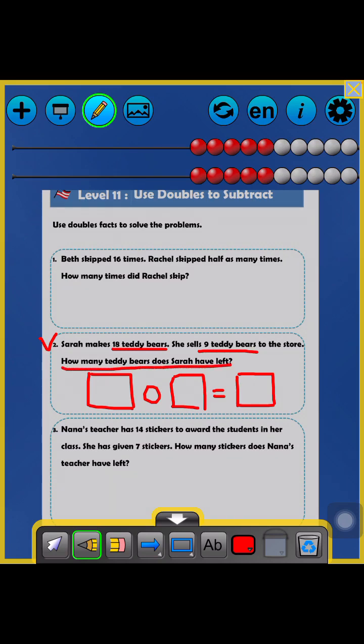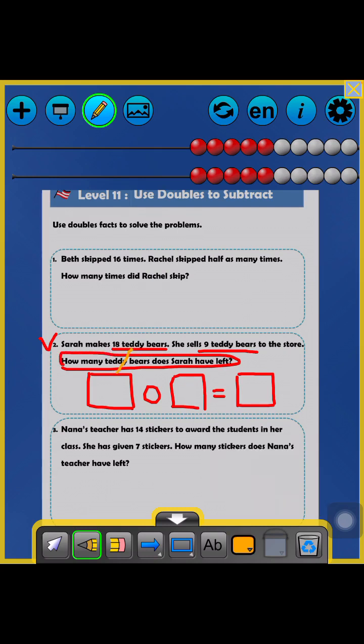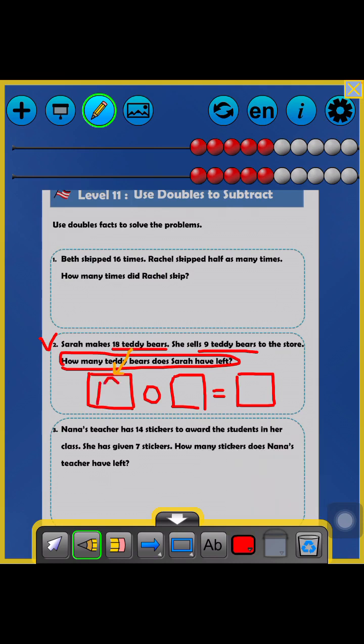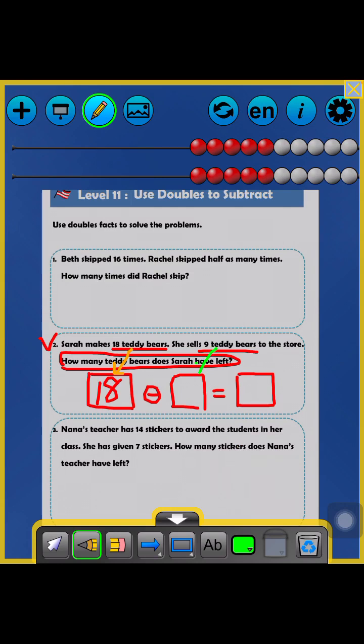We need to find how many teddy bears does Sarah have left. Okay, Sarah makes 18 teddy bears and we write down 18 here. And then she sells 9 teddy bears. So we write down minus 9. And we use the abacus to help us find the answer again.